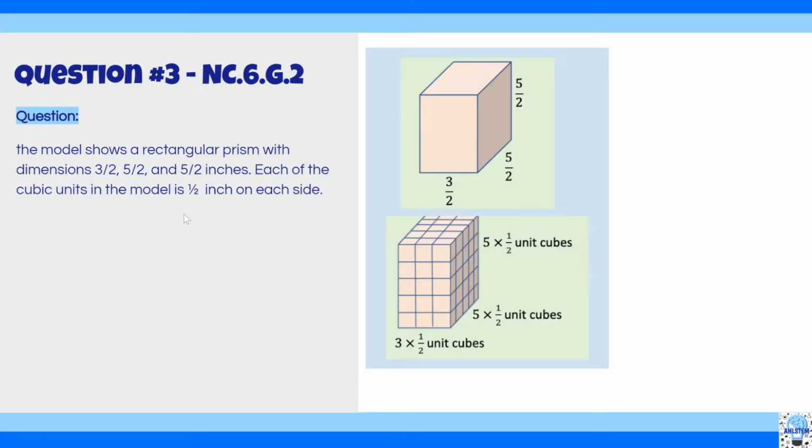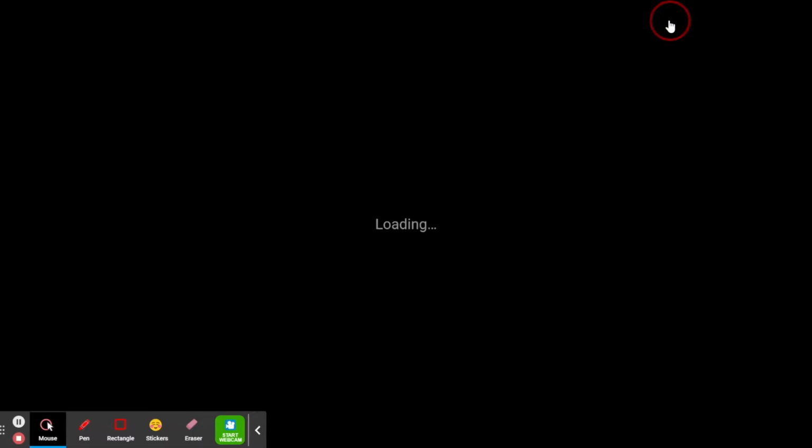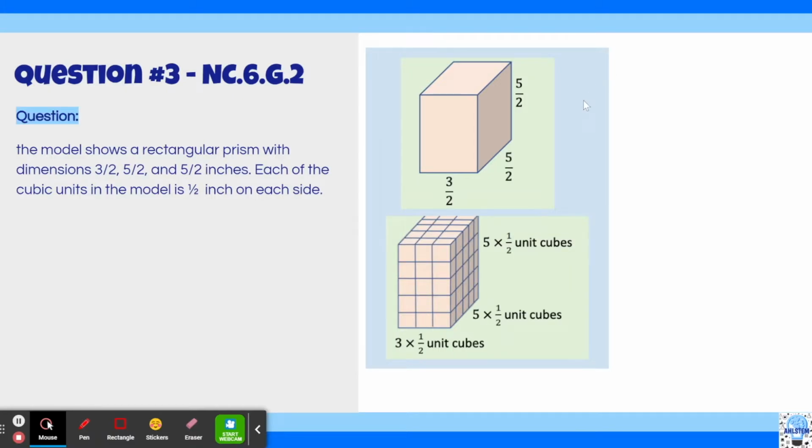All right, let's do our third problem. So the model shows a rectangular prism with dimensions 3/2, 5/2, and 5/2 inches. So each of the cubic units in the model is 1/2 inch on each side. So we have to take a second and try to think about what we have to find.